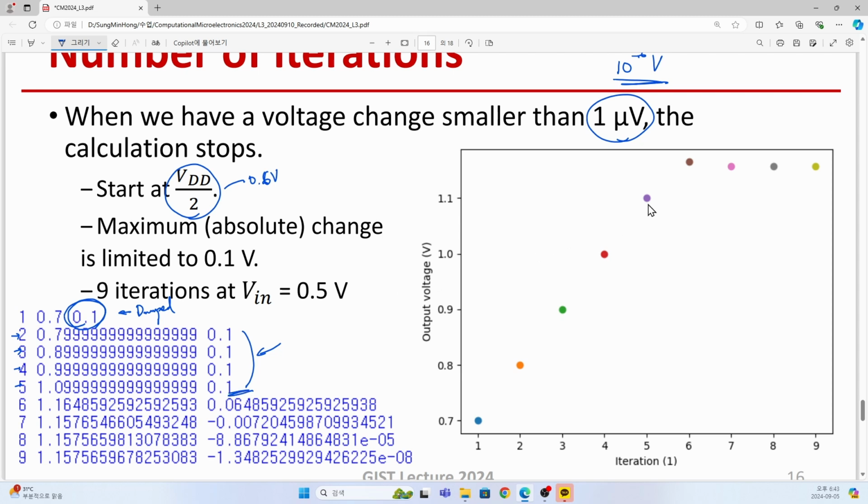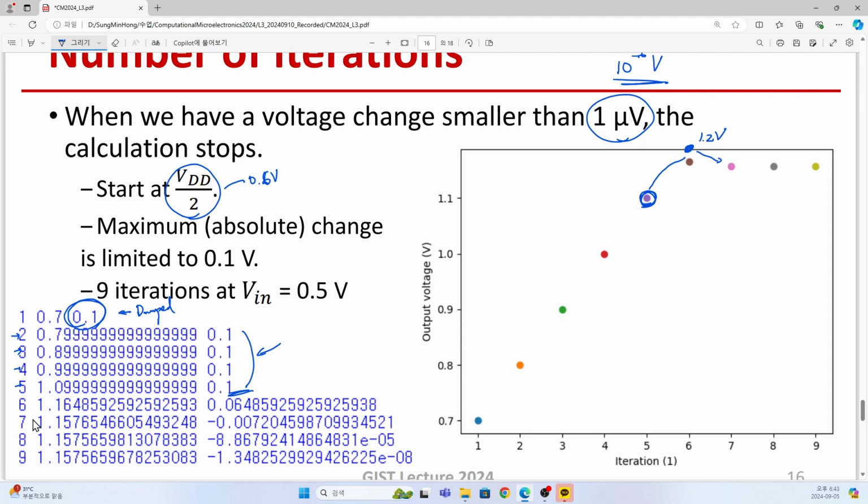However, now we approach 1.1 volt. What was our previous algorithm? Our previous algorithm was to heuristically try to solve at 1.2 volt and find that we were already far too high to have the correct output value. After that, it comes back.